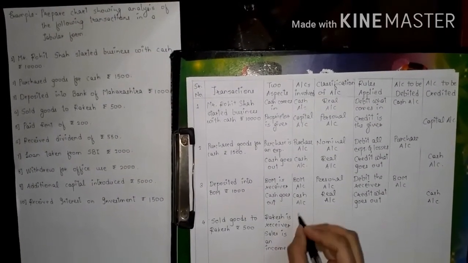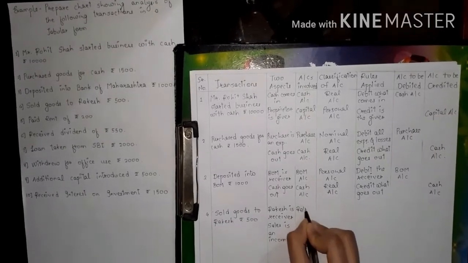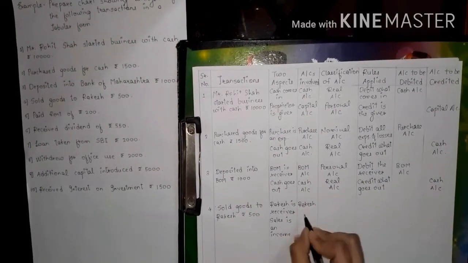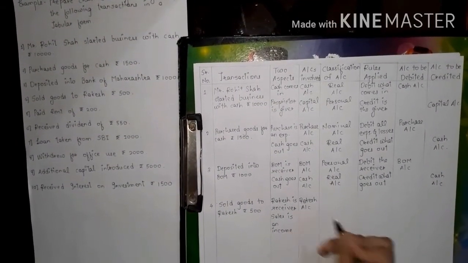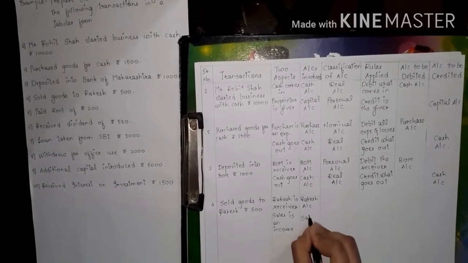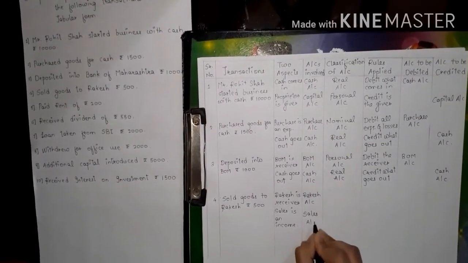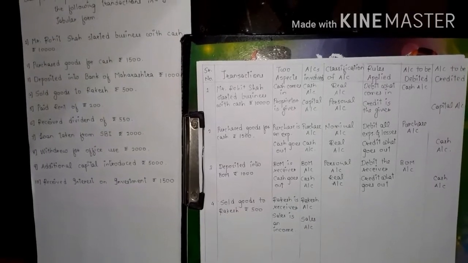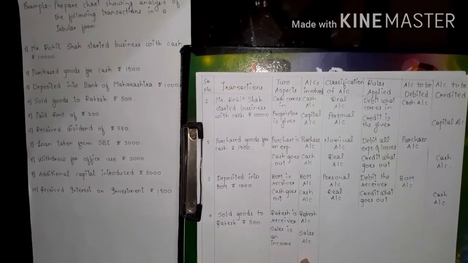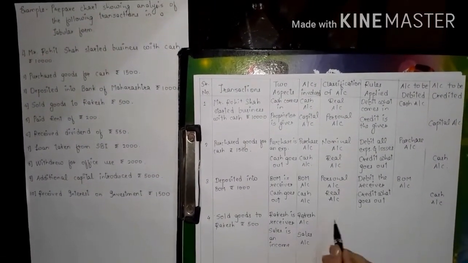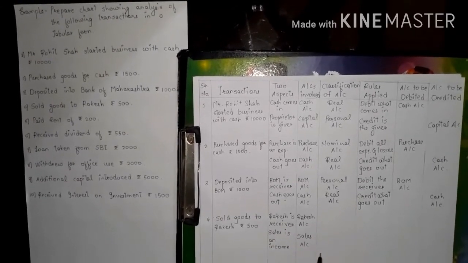Now two accounts. First is Rakesh account as he has received the goods, and other is sales account as we have sold goods. Okay, now classification of account.